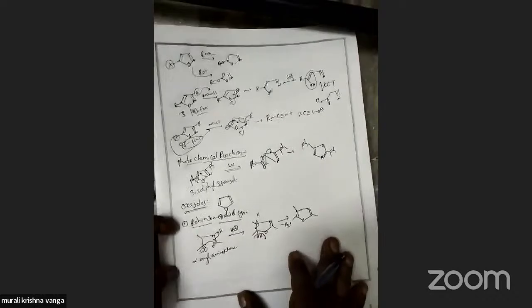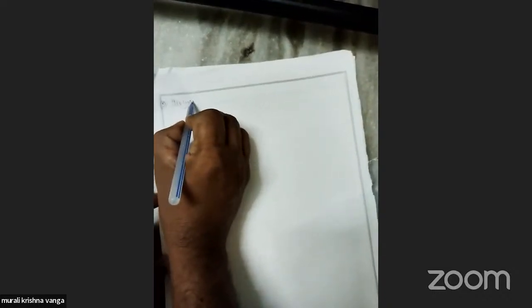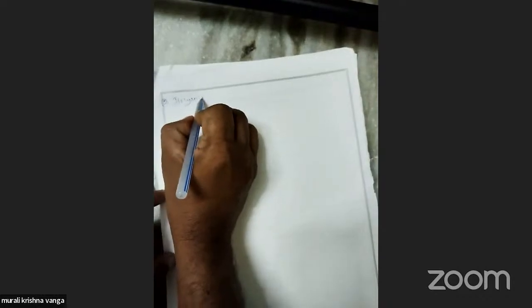The second synthesis is from isocyanides.